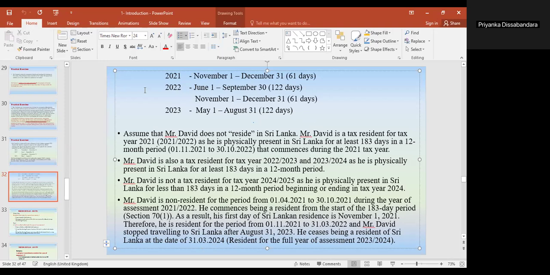And Mr. David stopped traveling to Sri Lanka after August 31st, 2023. After this date, he didn't come to Sri Lanka.